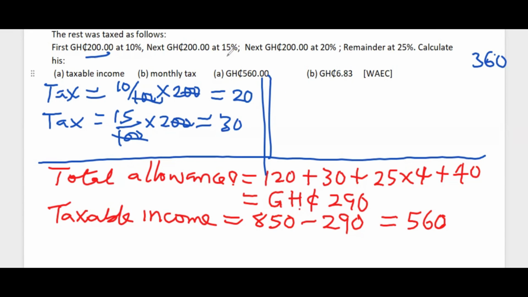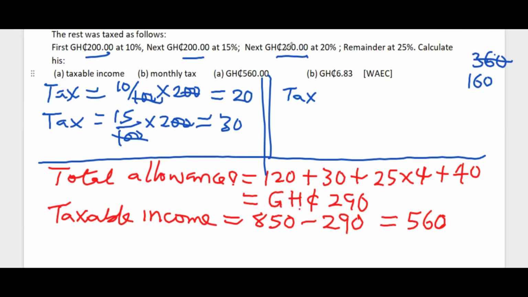Having subtracted the first 200 from 560, we got 360. If we subtract the second 200, what we have left is 160. This 160 is what we carry over to the third level. We have taken care of the first and second levels. The third level is not up to 200 again, so we charge 20% of whatever we have there.